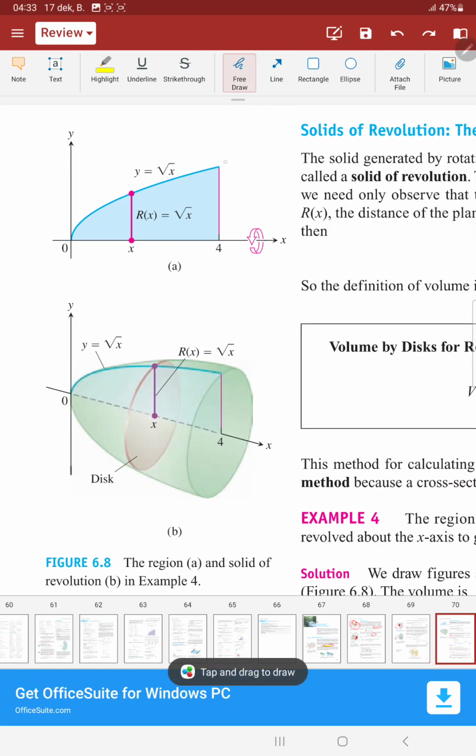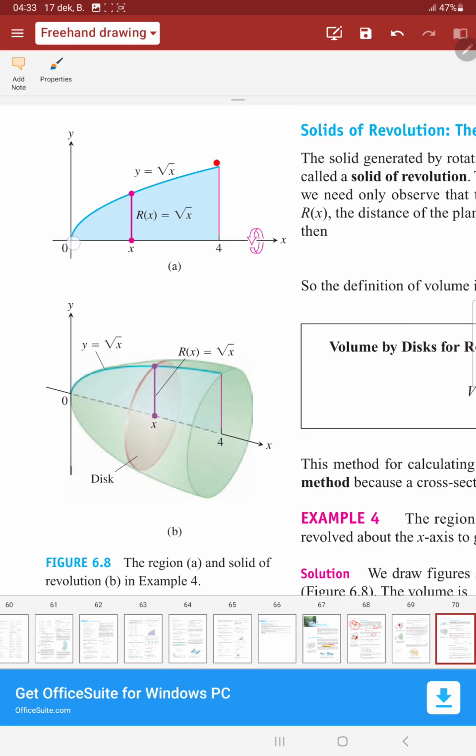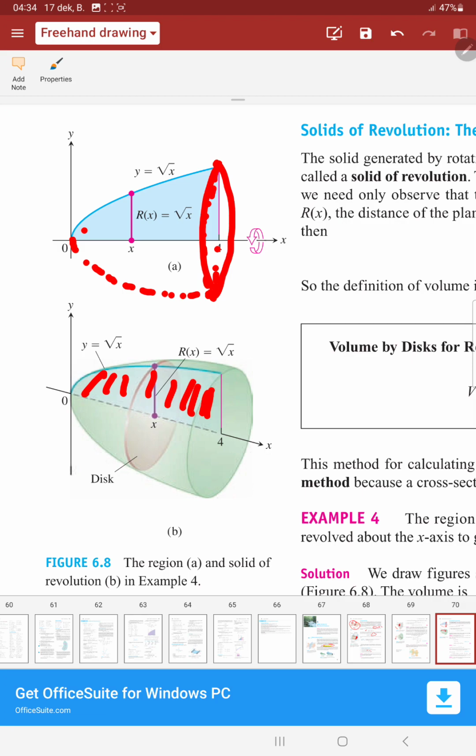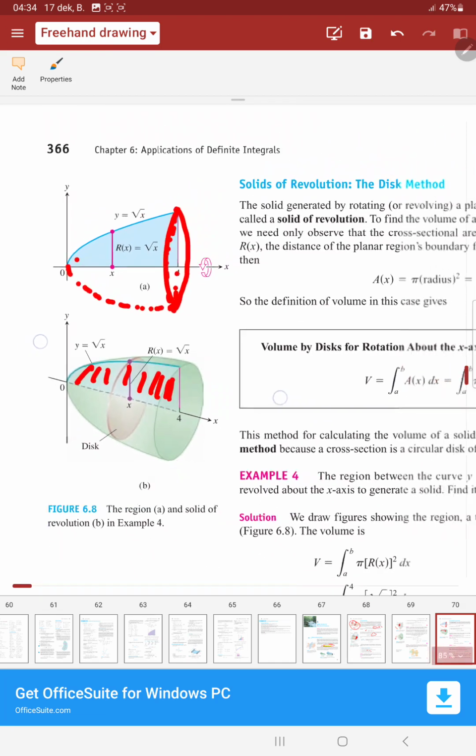So we rotate this solid by the x-axis. It means we will get something in here and something in B, like around the x-axis we'll get this solid, and it means we'll have a circle here, and we can use the area of that section.